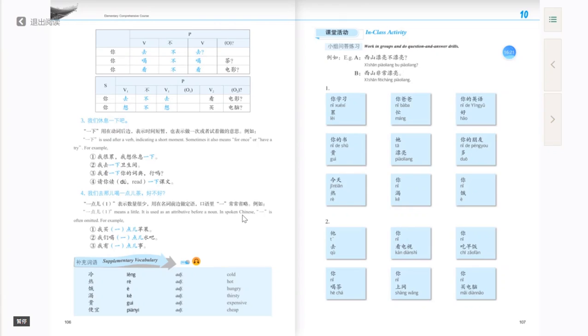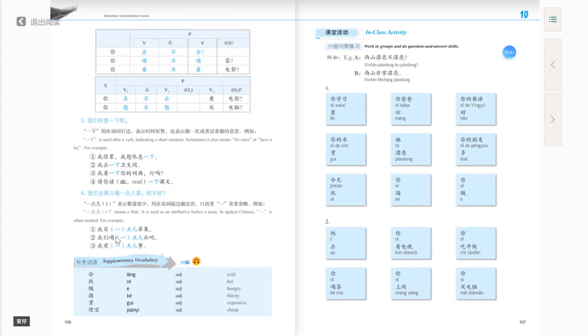In spoken Chinese, 一 is often omitted. So 我买一点苹果, I buy a little apple, maybe two apples, right? And this 一 can be omitted in spoken Chinese. You can directly say 我买点苹果, okay?